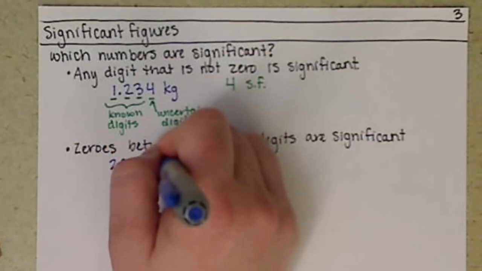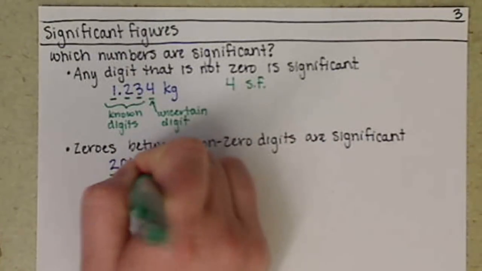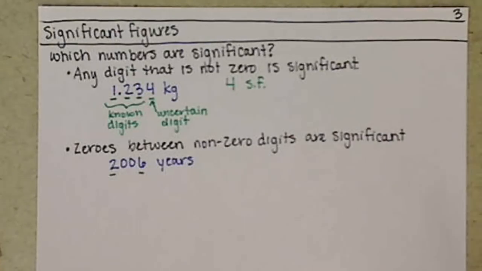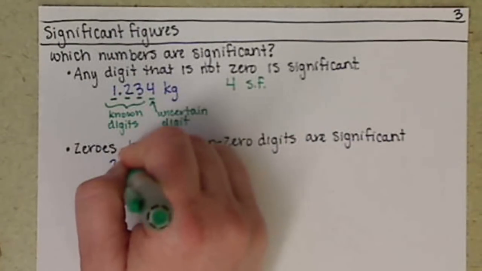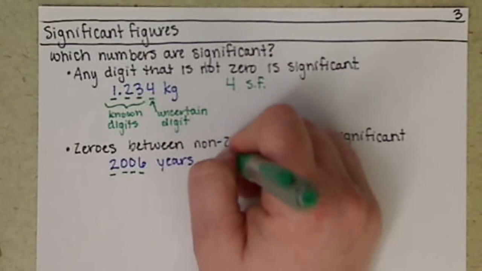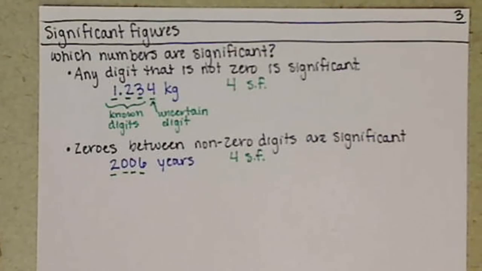So if we have, say, 2,006 years, we know that the 2 and the 6 are significant because they're non-zero. Then we have 2 zeros in between. Those are both significant. So this also has 4 sig figs.